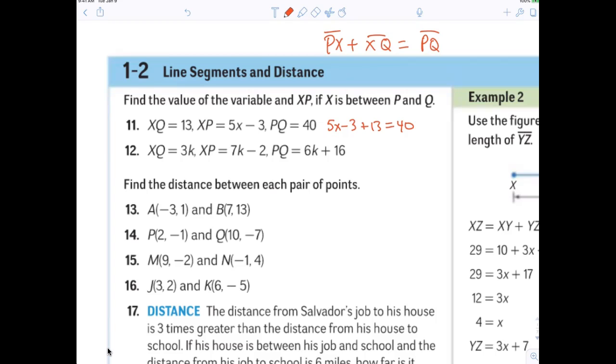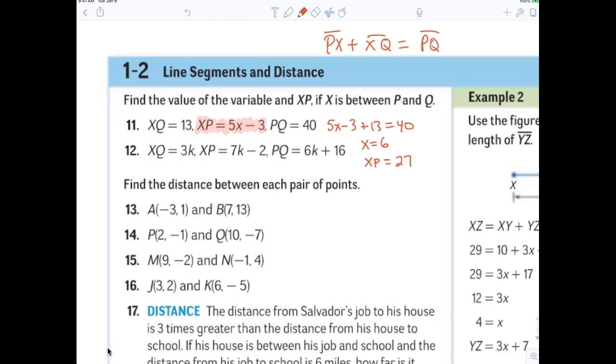So x equals 6. Now we have to be careful because we want XP. So XP is equal to 27. Anybody have any issues? With 5x minus 3, see that?